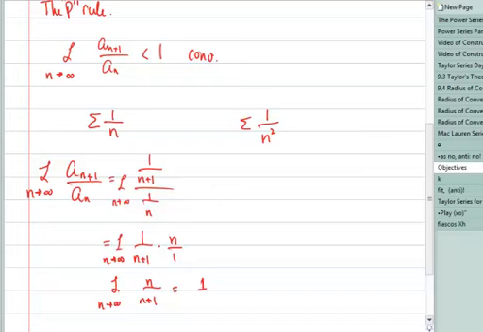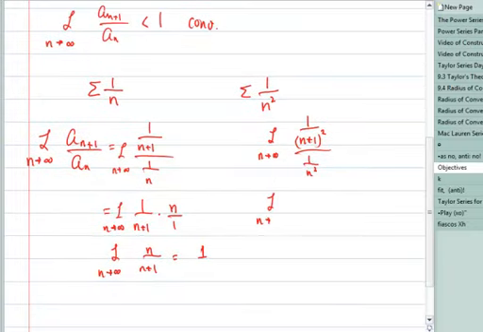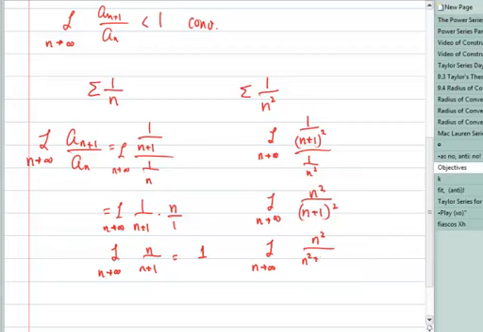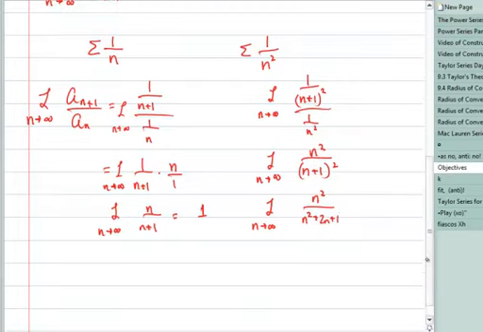We do the same exact thing on the right side, and we would do a limit as n goes to infinity, and then we FOIL, and then we evaluate the limit, and we have to end up using L'Hopital's rule because we get an indeterminate form.